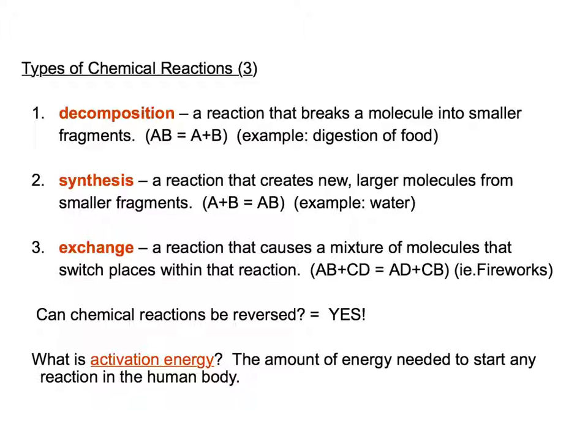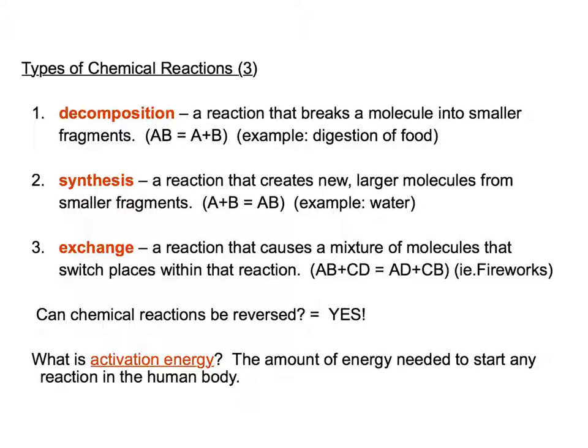We have a whole piece of food, we begin to chew it, that's physical change, and through the use of enzymes, we're able to break it down into its component parts, and that's a chemical change.